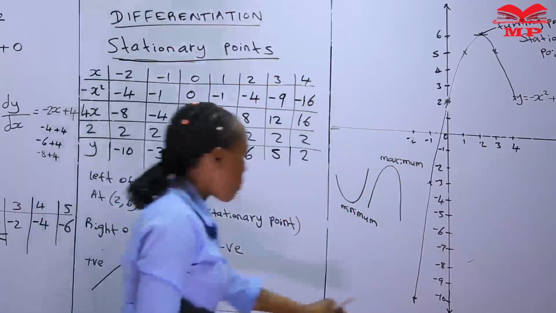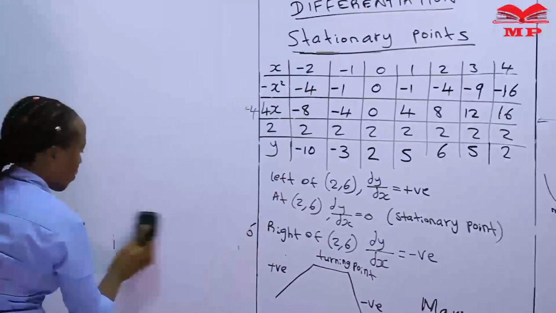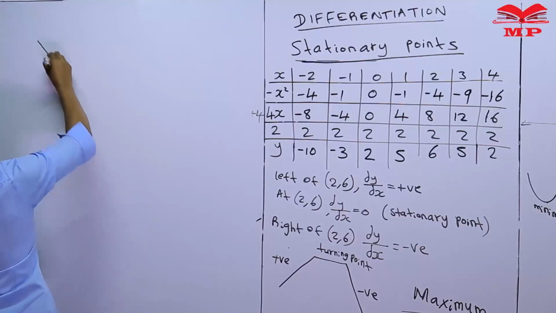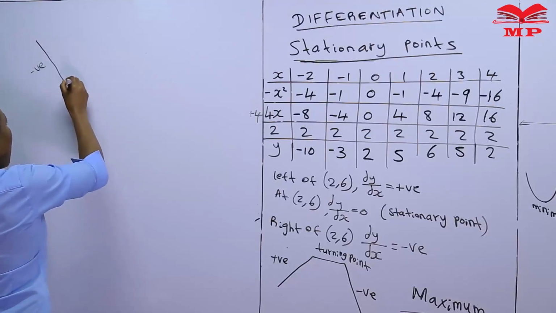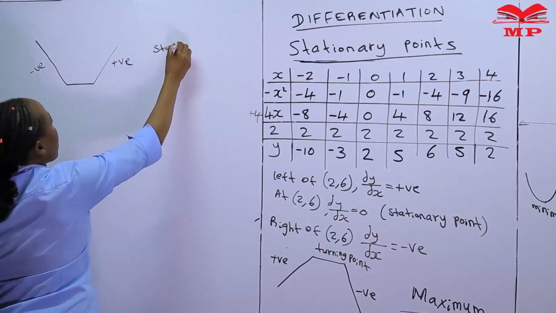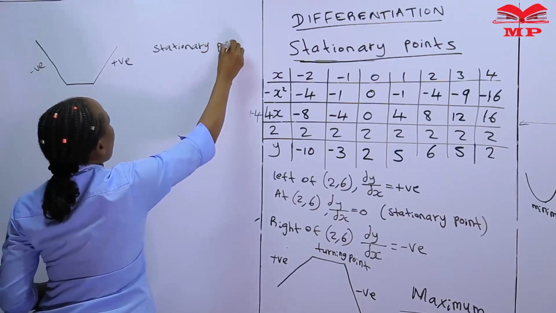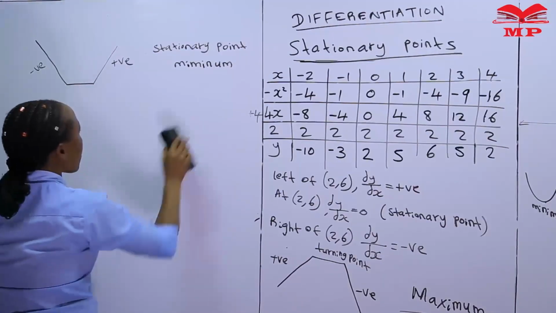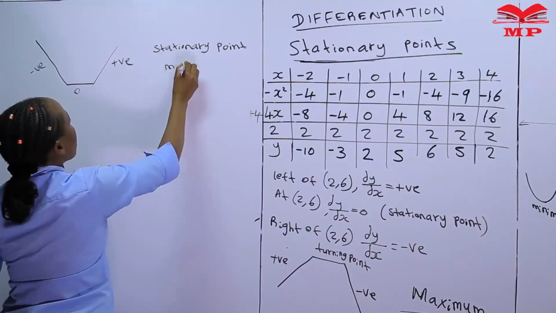And therefore, we can make this conclusion. We can conclude the following: when we have a negative gradient, then a 0 gradient, and then positive, this stationary point, or turning point, is a minimum.